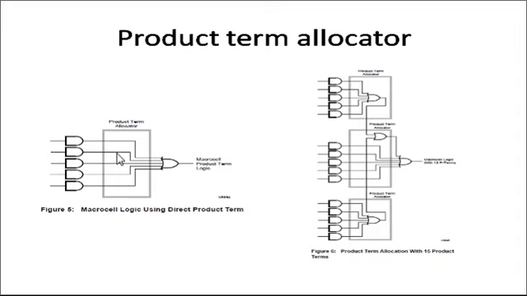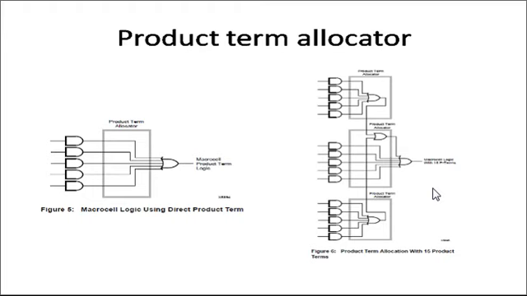But if you want to use the product terms from the above and below macro cells, then these product terms are routed to this center macro cell, and the output will now be with 15 product terms. Like that, the product term allocator is used to combine the different product terms, and these product terms will be associated with a single macro cell.